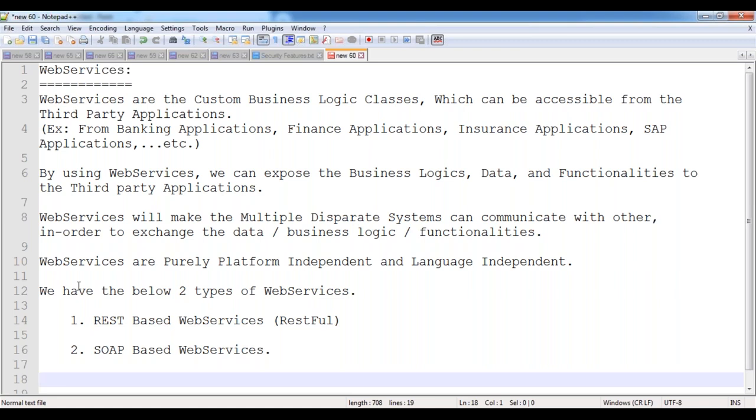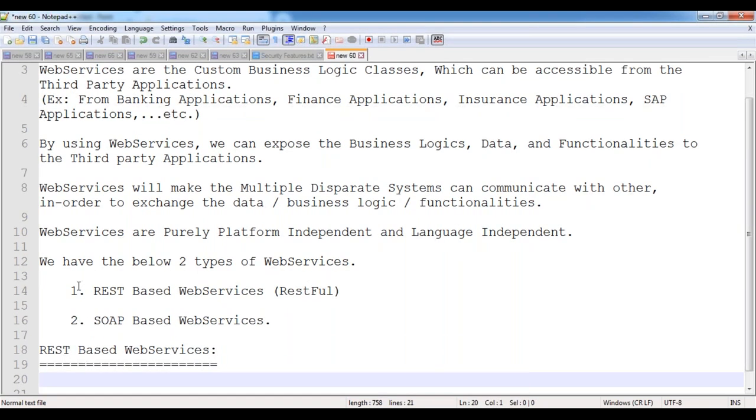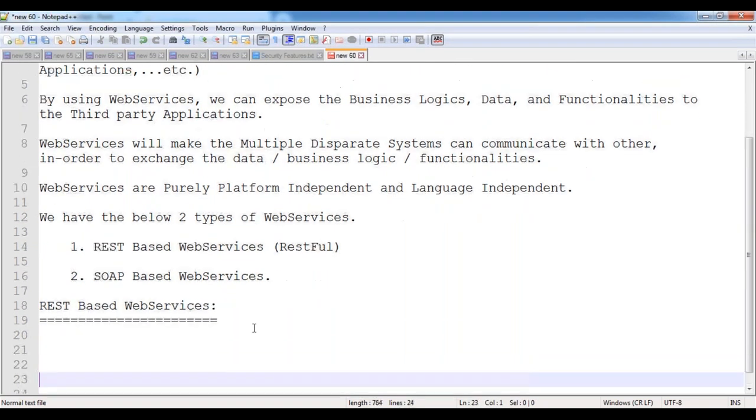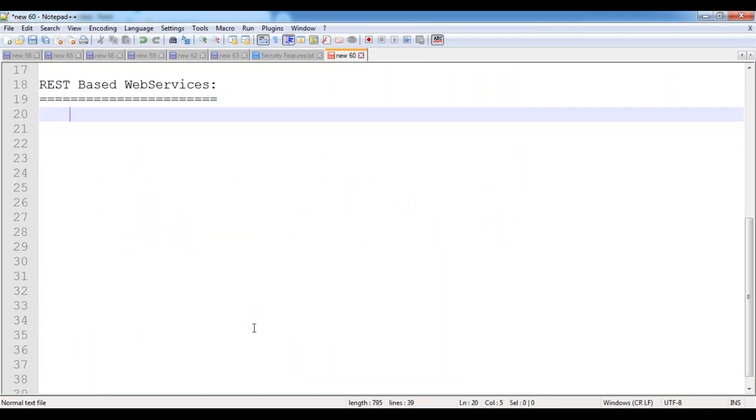Now, what exactly are RESTful web services? First, we'll see the REST-based web services and how we can implement them. First of all, we have to understand the full form of REST. REST stands for representational state transfer.